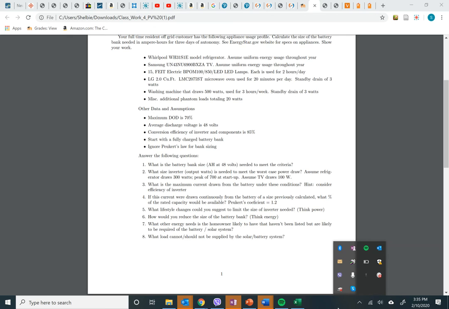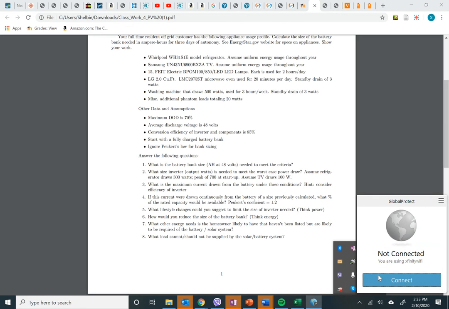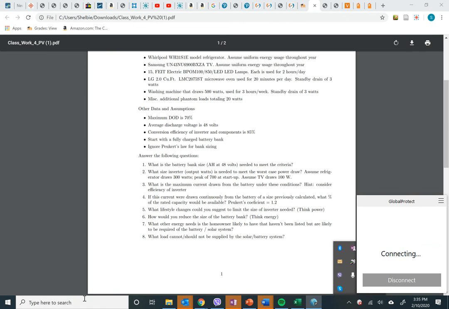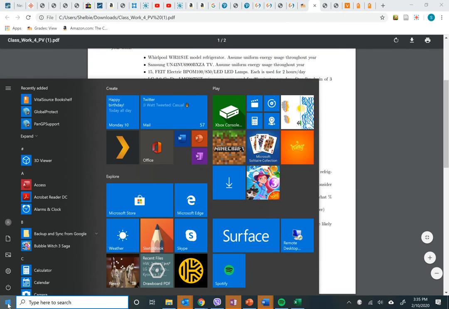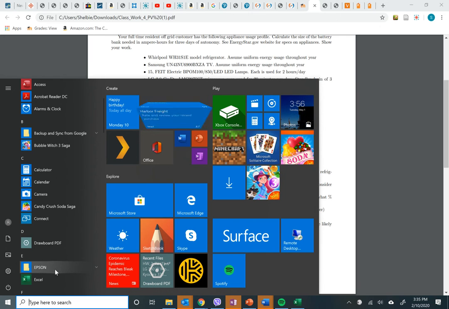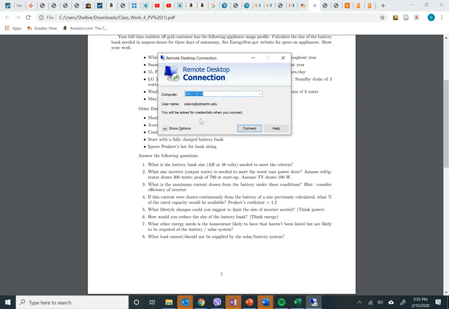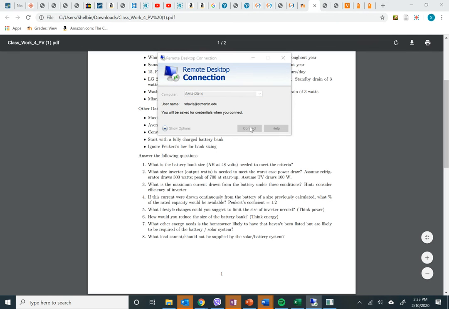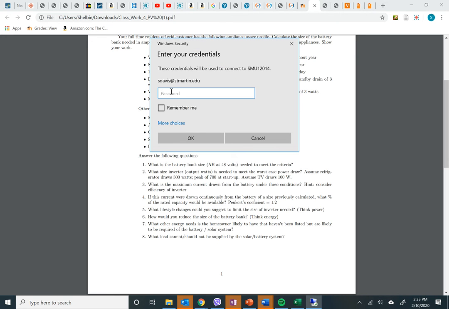No. Watt hours is a different, that's watts times hours versus just watts. You say uniform usage for the TV, does that mean it's on all the time? No, so the spec, have you pulled up the spec?